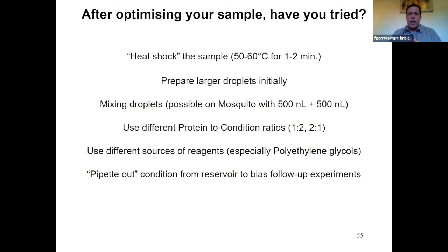And if you are really cornered with reproducibility issues, you can simply pipette out the condition from the very initial plate that gave crystals that could never be reproduced, and use these conditions as an additive to bias the follow-up experiments.